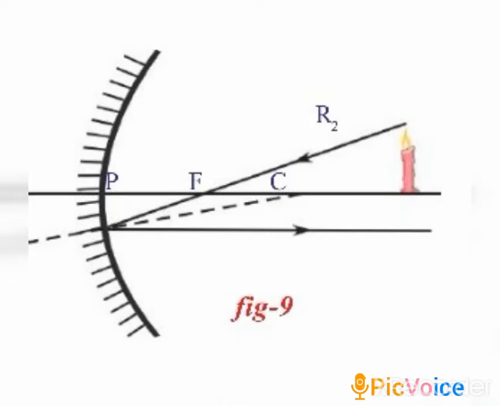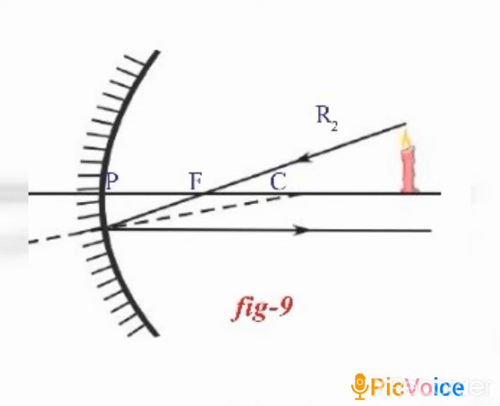In this image there is a concave mirror as it's shaded outside, and there is a pole. F is the focus and C is the center of curvature. Always remember that from P to C it is the radius of the sphere, and focus is always half of the radius.